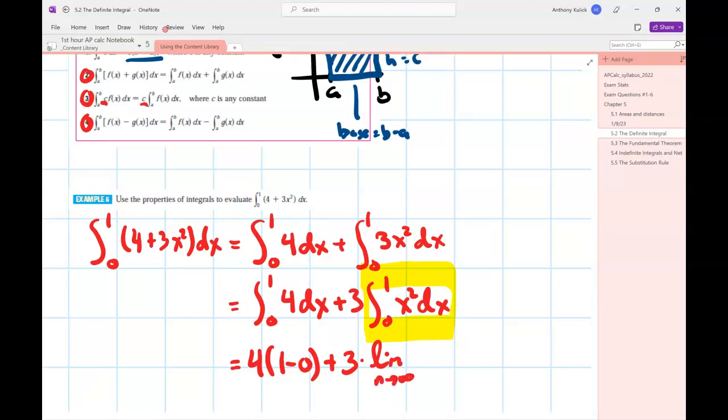So the limit as n approaches infinity of the sum from 1 to n of f of xi times delta x.